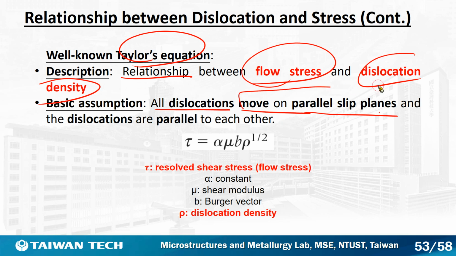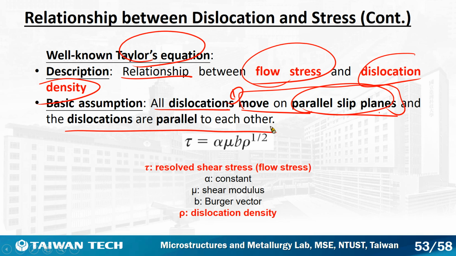The first is that we assume a primary slip plane, so they will be parallel to each other. The second assumption is that the dislocations are parallel to each other, which avoids complex dislocation intersections.